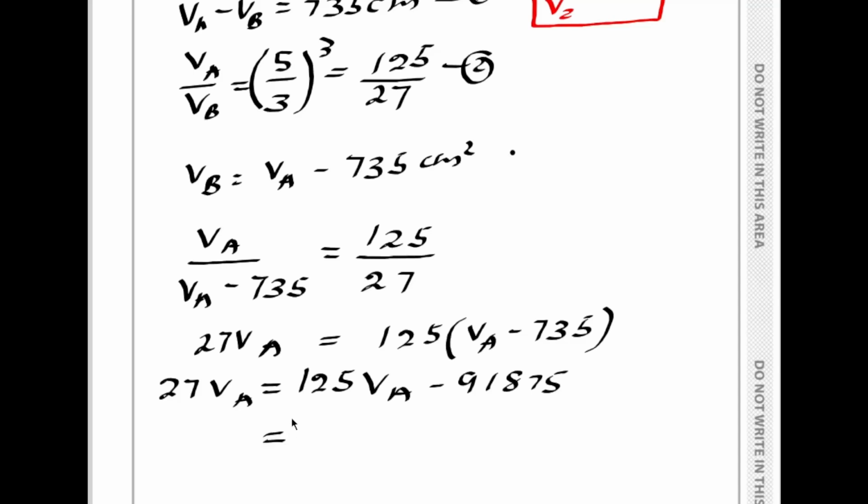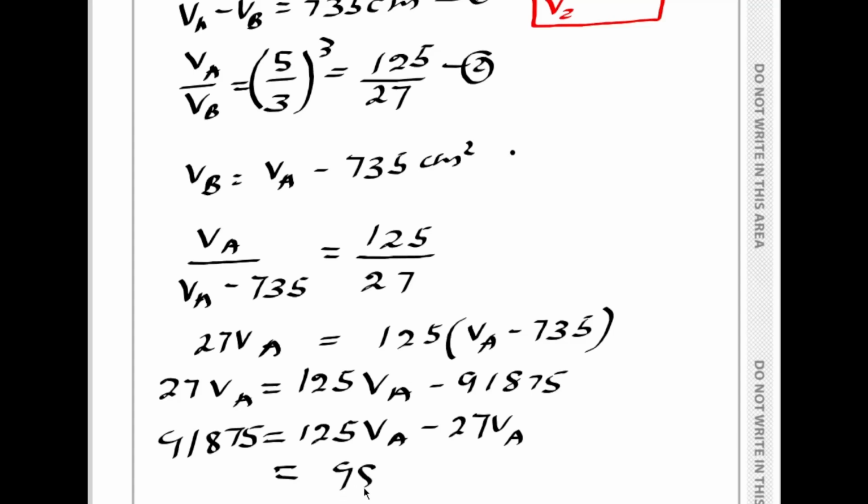Since 125 VA is greater, I'm collecting VA to this side, then 125 VA minus 27 VA equals 91,875. Subtracting these two, we get 98 VA equals 91,875.